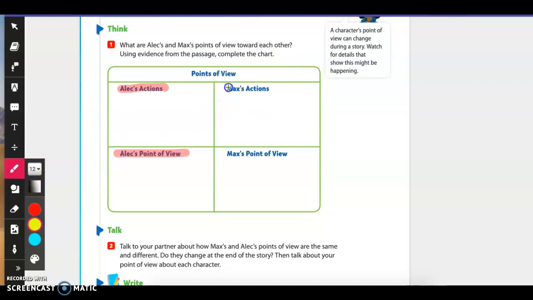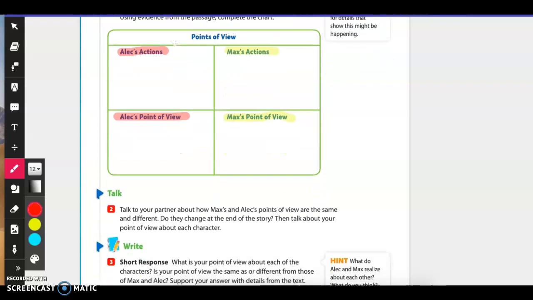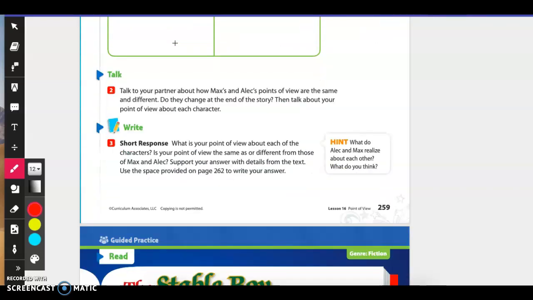Then you're going to look at Max's actions in the story, and how does Max feel, or his point of view. It's their point of view toward each other. So how does Alec feel about Max, and how does Max feel about Alec? That's what you'll be filling out in this portion.